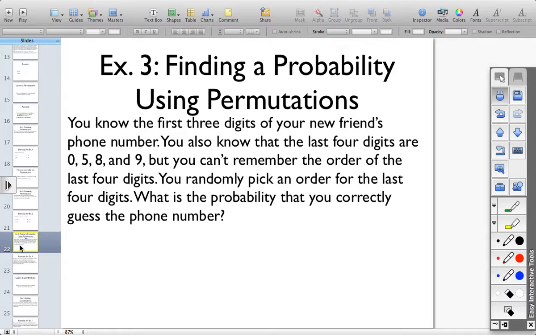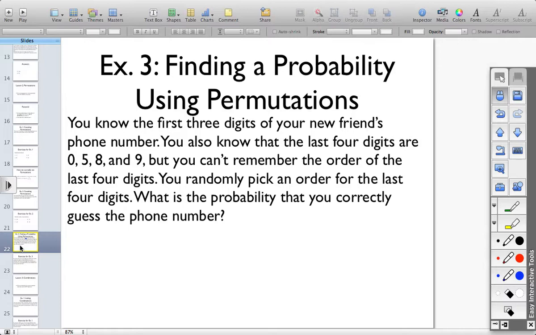I believe sometimes we have that here and sometimes we don't. Depends on the phone number. Anyways, in the US, we have 7 digits. So you know the first 3, and you know the last 4 is some combination of 0589. But you can't remember the order. So you randomly pick an order from the last 4 digits. What's the probability that you correctly guess the phone number?